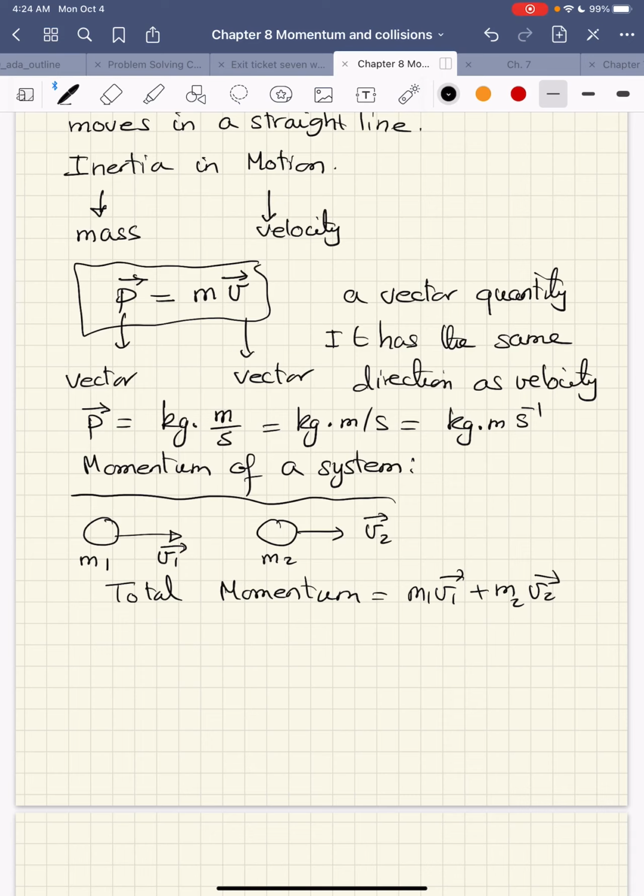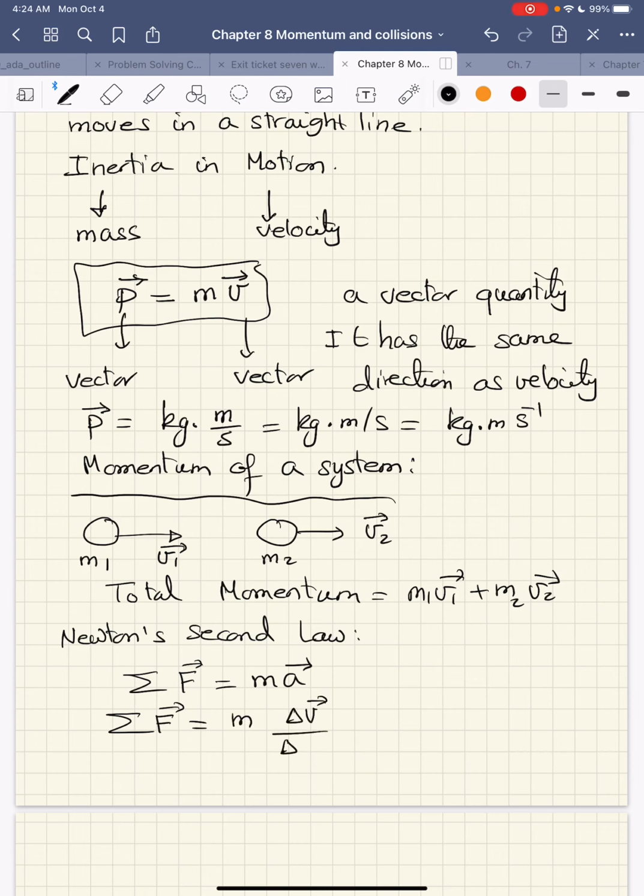Now, something that comes from Newton's second law is sigma F equals m times a, where a is the acceleration and sigma F is the net force. Then we can say sigma F equals m delta v over delta t.